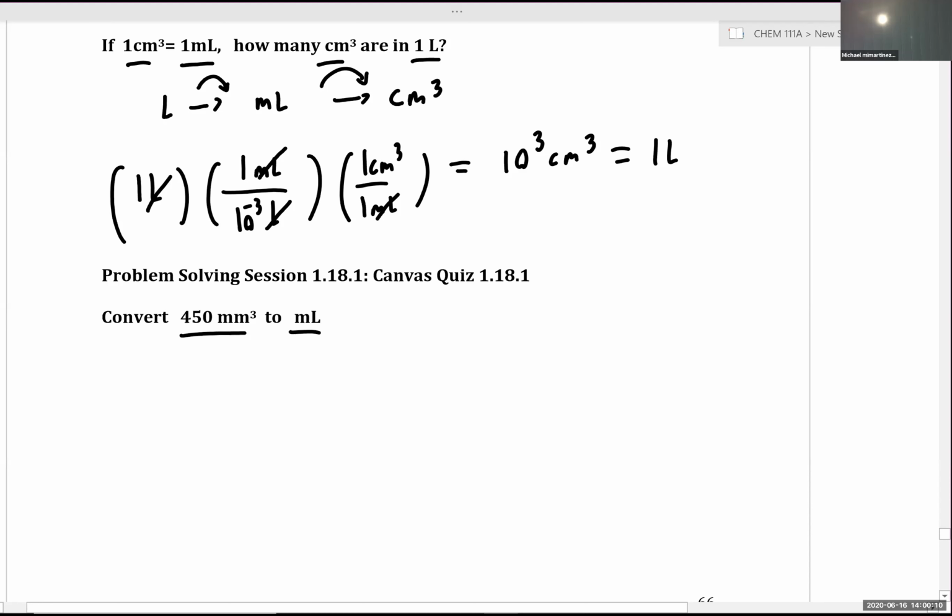I'm going to check Canvas to see how many responses we have for the Canvas quiz. Are there any questions that anyone has on this problem solving session?